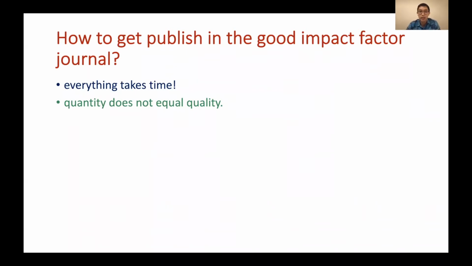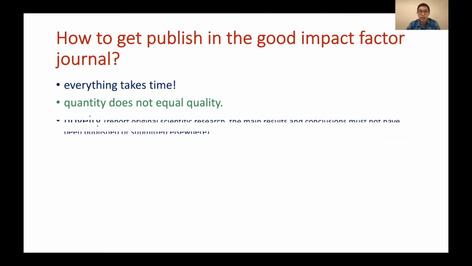So quantity does not equal quality. Going back to the first point, everything takes time. Sometimes one paper takes like 3 years, for example. I will give you some examples later.